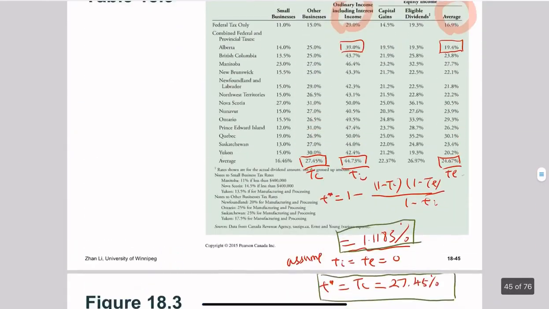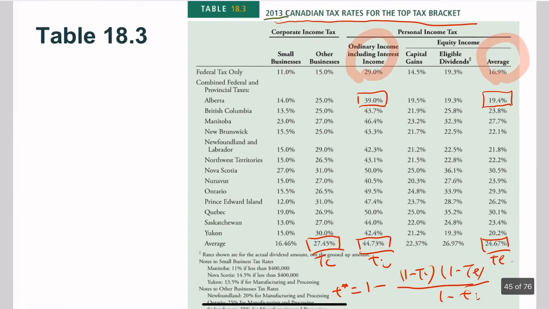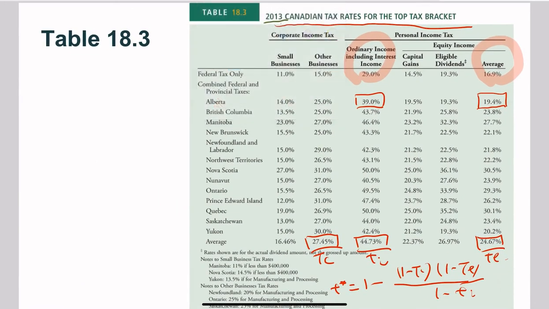If we use the table here, you can find the numbers you need. So for BC, the corporate tax rate is 25%, and for interest income, it's 43.7%, and for equity income it's 23.8%.